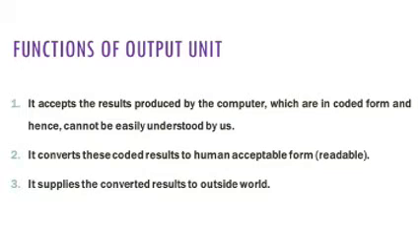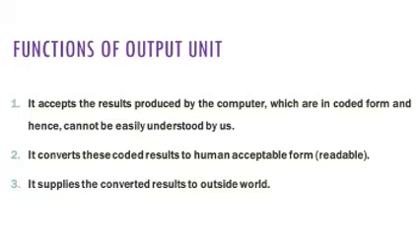The functions of the output unit can be done through three steps. The first step is that it accepts the result produced by the computer, which is in coded form and hence cannot be easily understood by us. Then, the second step is that it converts this coded result to the human acceptable or readable form.